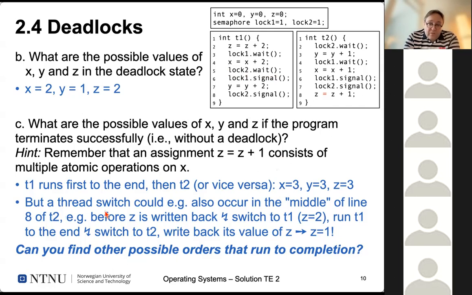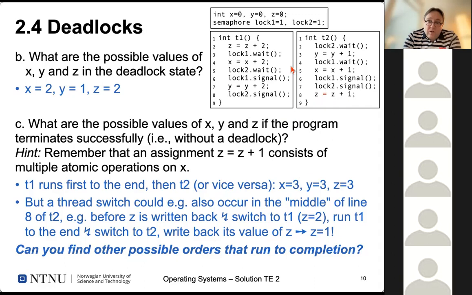But we could have a thread switch also occur in the middle, for example, of line 8 of T2, of course, the equals sign marked in red here. So before Z is written back, we have actually calculated Z plus 1, but we haven't written it back.